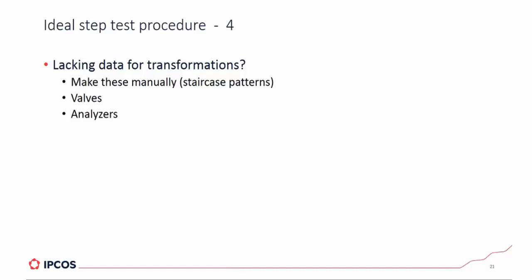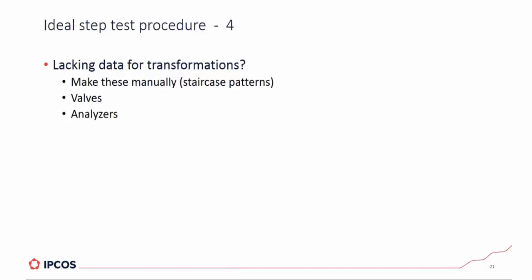Finally, towards the end of the test, we may often find that we are lacking data for transformations, and it could often be valuable right at the end to make these steps manually. For example, in the case where we need to make staircase patterns, to generate transformation data for some of our valves or our analyzers. It very often happens that we discover this towards the end.